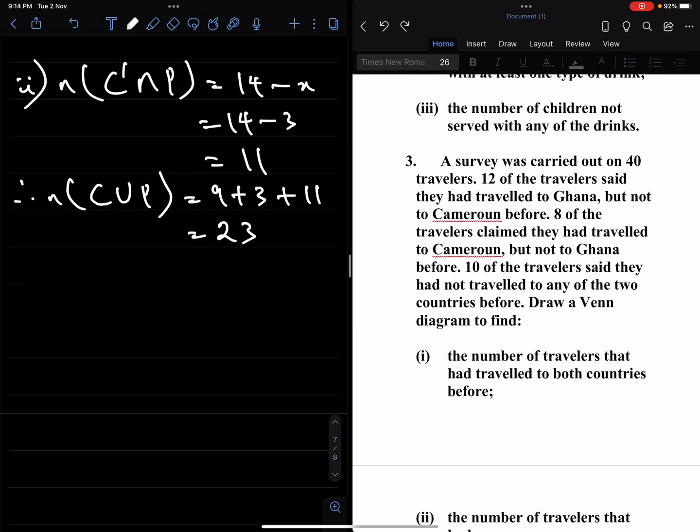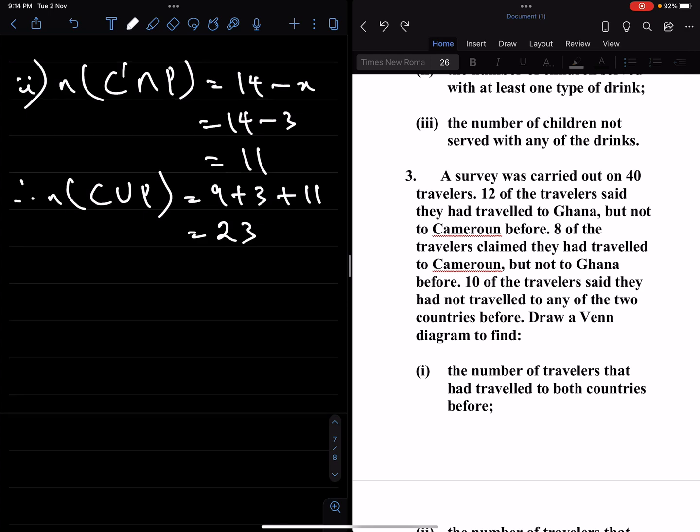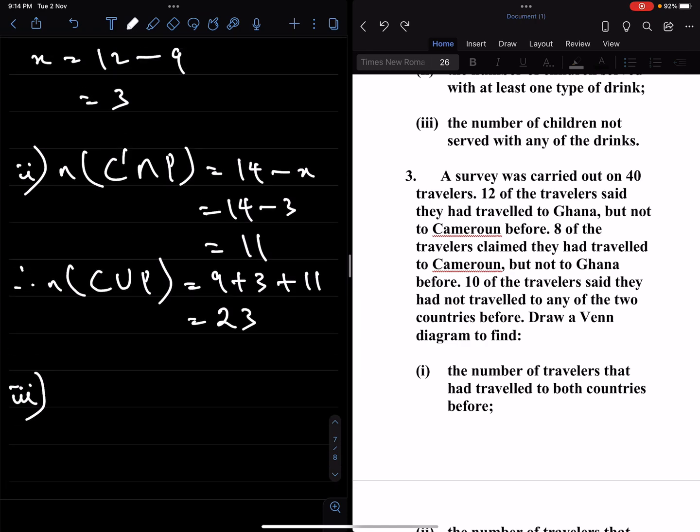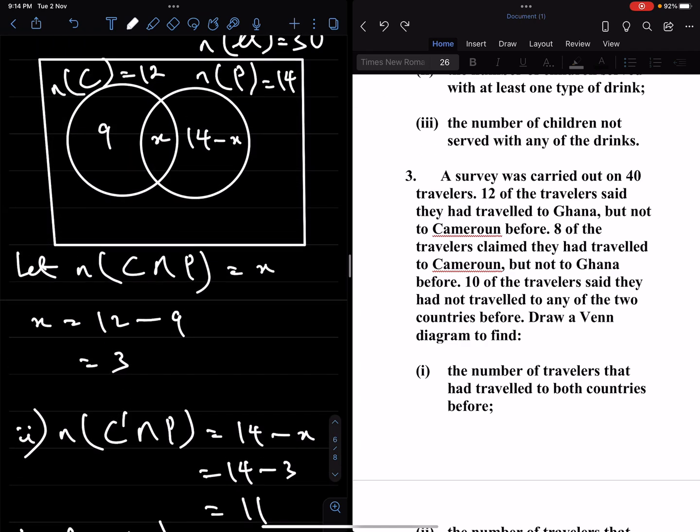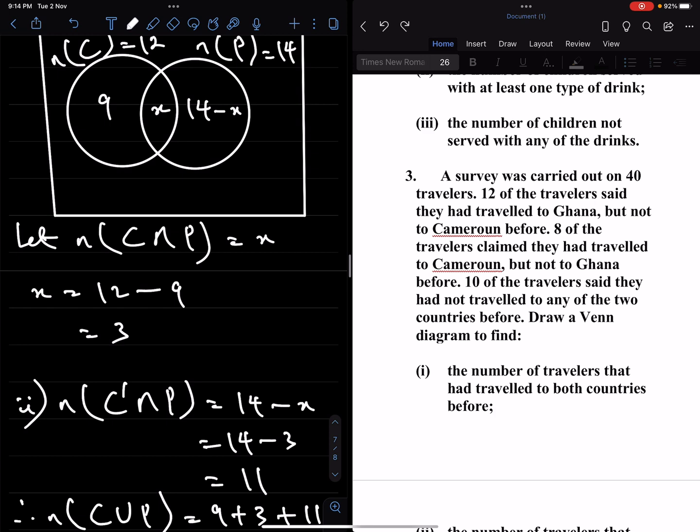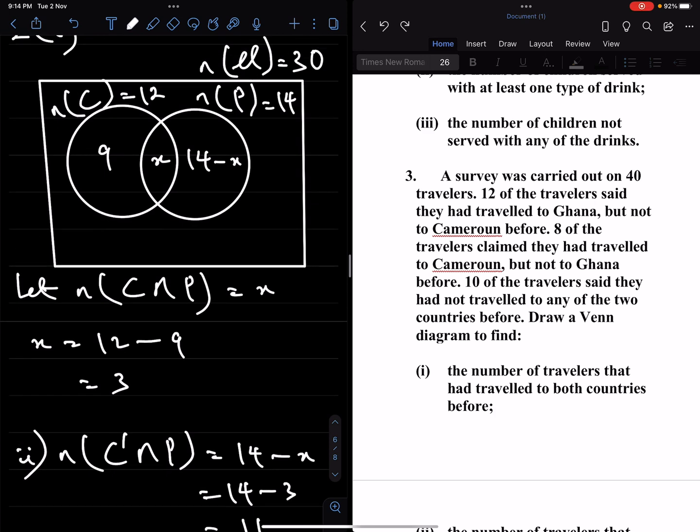Now to Roman figure 3. Roman figure 3 says the number of children not served with any of the drinks. Okay. We were not told that there were children who were not served with any of the drinks, so we don't assume.